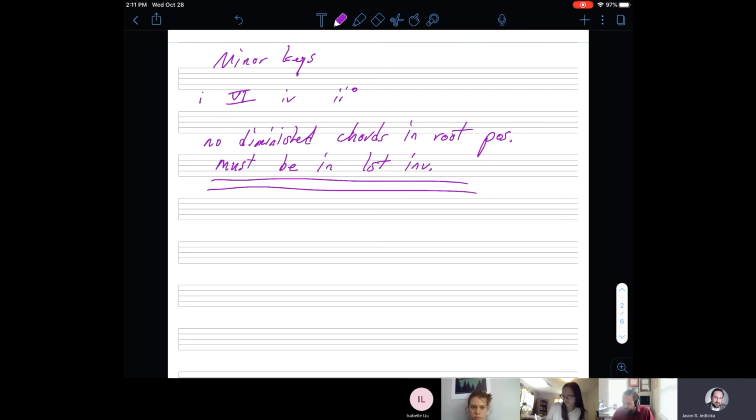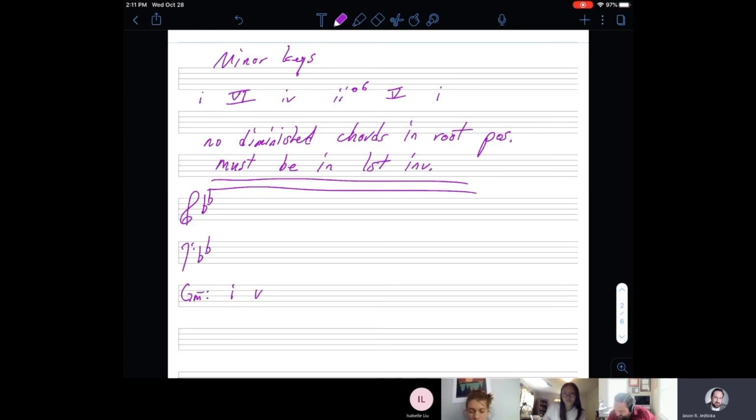So here we'll put 2 diminished 6, and then 5, 1 like that. So if we did this same progression in G minor, 1, 6, 4, 2 diminished 6, 5, 1, we change G major to G minor.